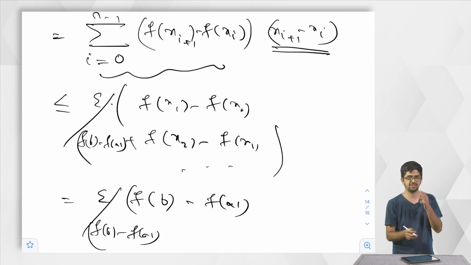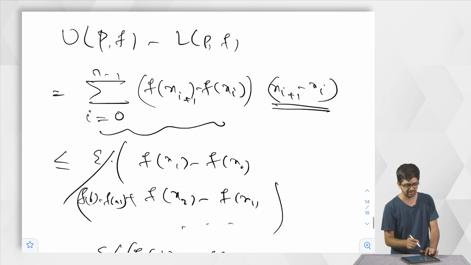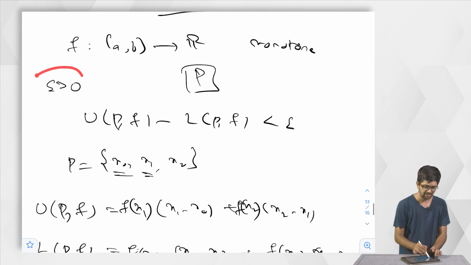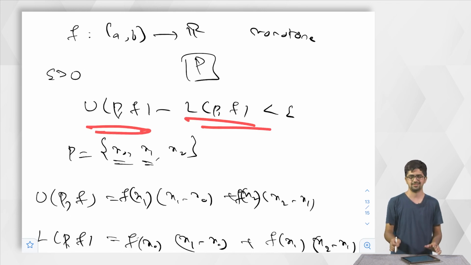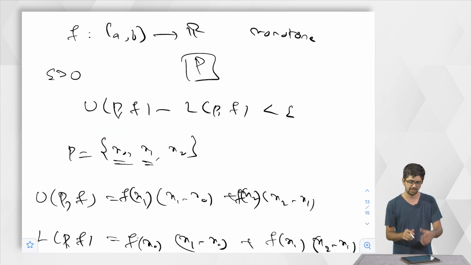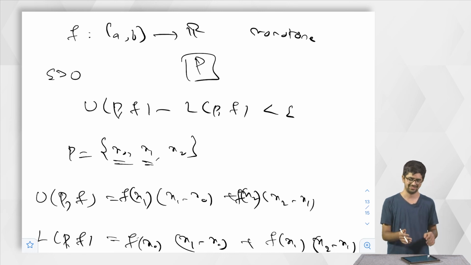So given a function f and an epsilon positive, one can find a partition P such that U(P, f) minus L(P, f) is less than epsilon. Here we are assuming that f(b) is not equal to f(a); otherwise it is uninteresting.